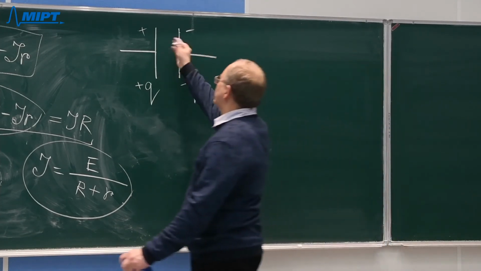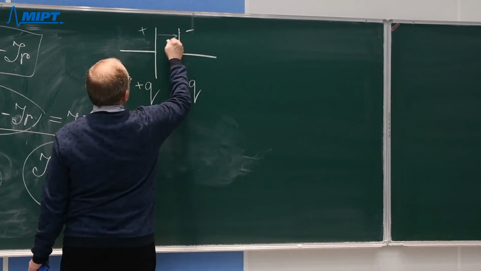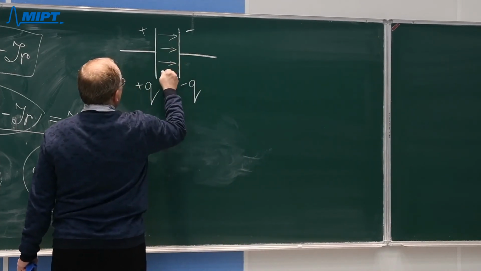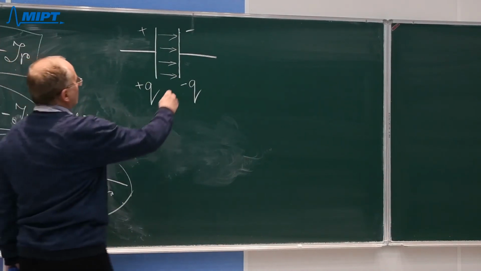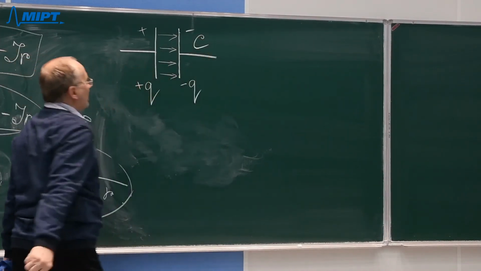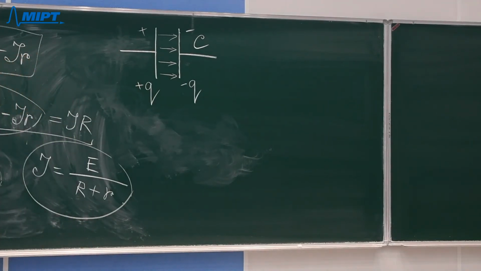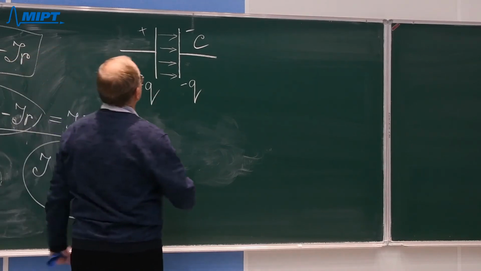There will be an electric field inside, and the lines of electric field will be parallel and will fill the volume of the capacitor, a capacitor with capacitance C.